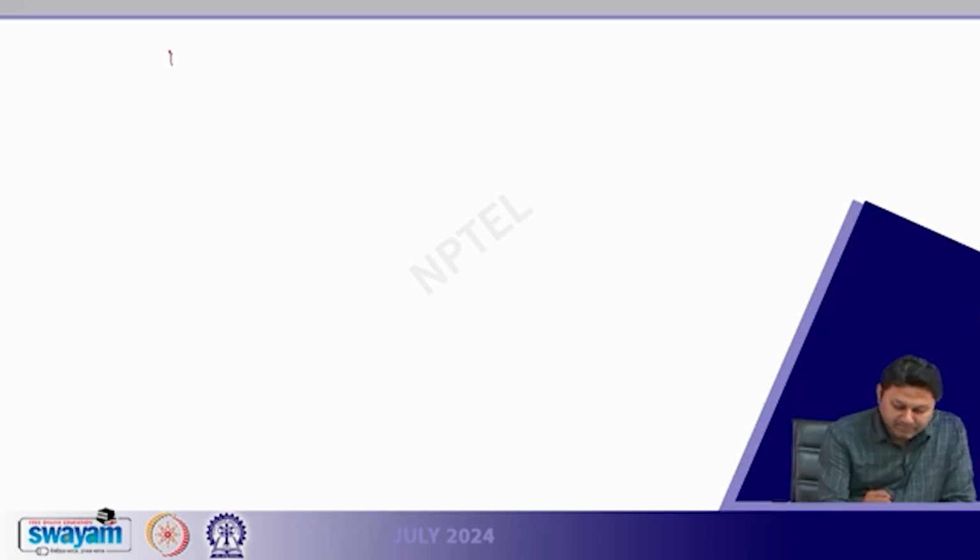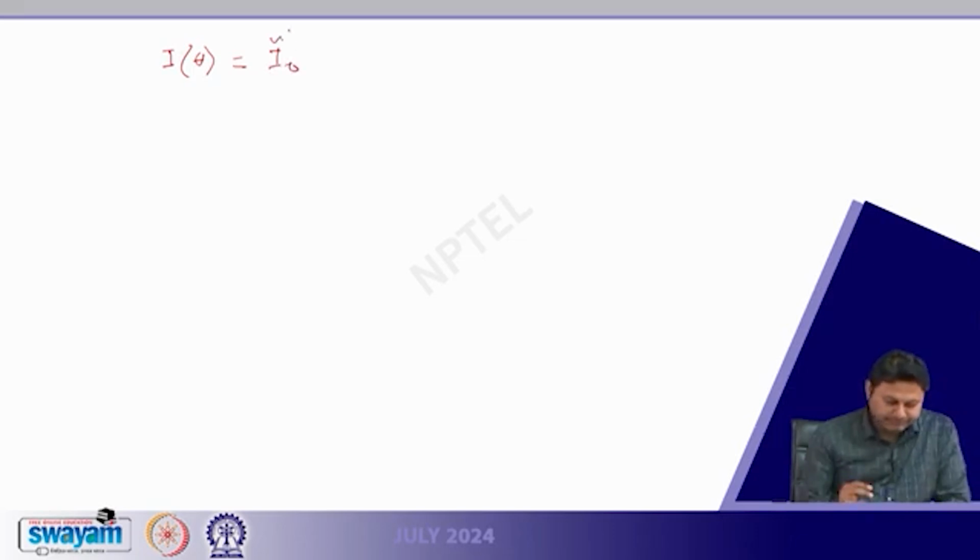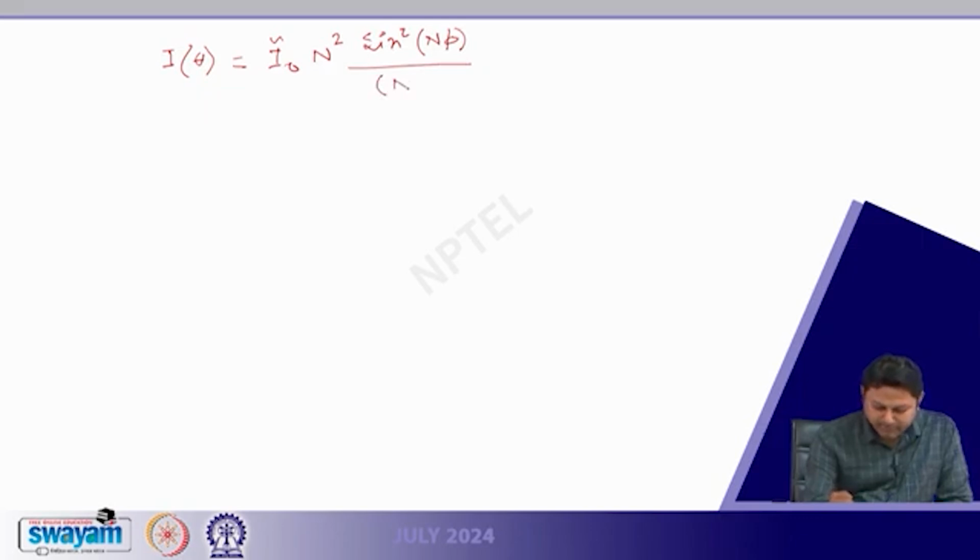So, I theta, which is a function of phi or theta, that I can write I naught tilde, then I write an extra n square here, sin square n phi, and then in the denominator I have n square phi square or n phi whole square.